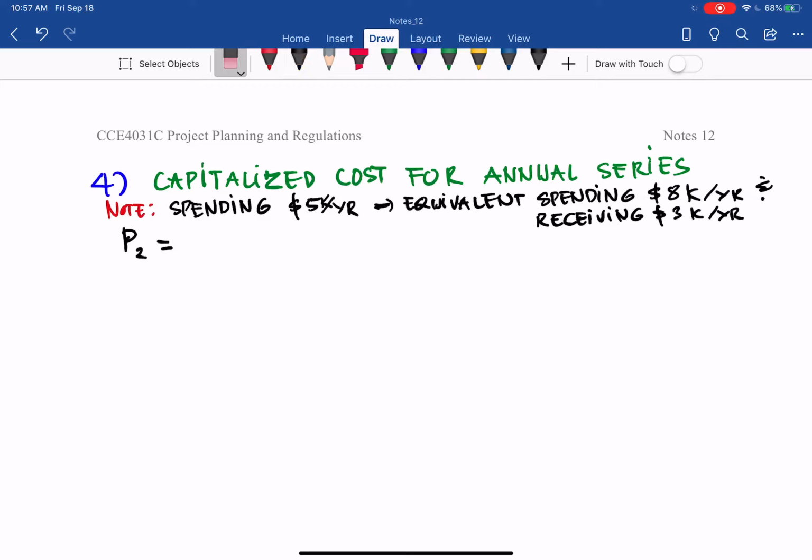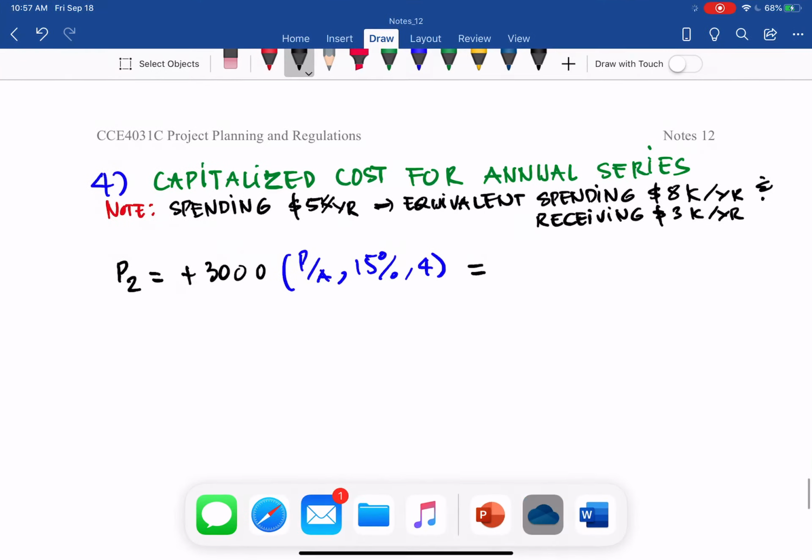So with that, we can find that the first one is the 3,000 received, P2 equal to plus 3,000. I just assume I received 3,000, and that is for the first 4 years. So we have P over A, 15% for 4 years.